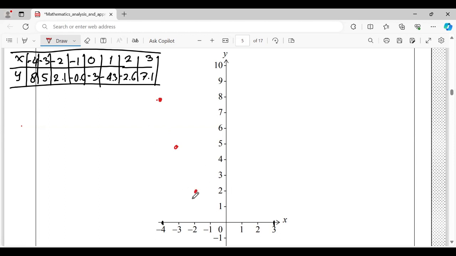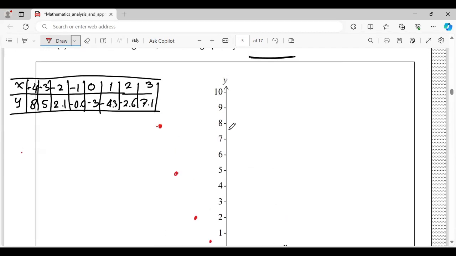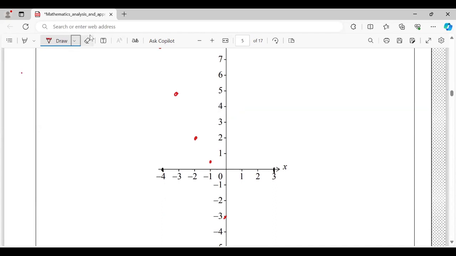And minus 1 and minus 0.6, around here. 0 and minus 3.